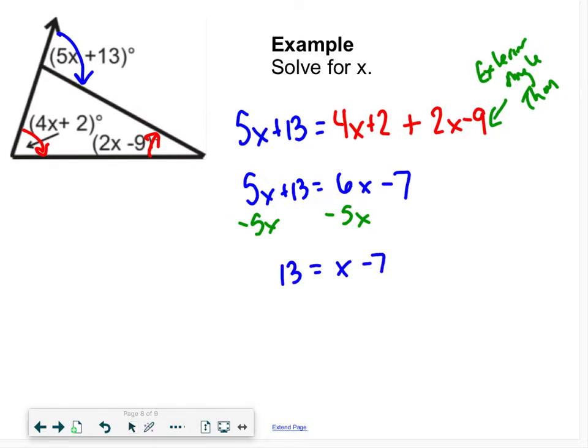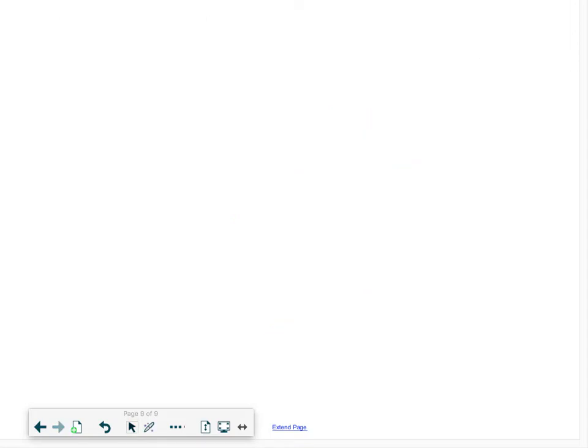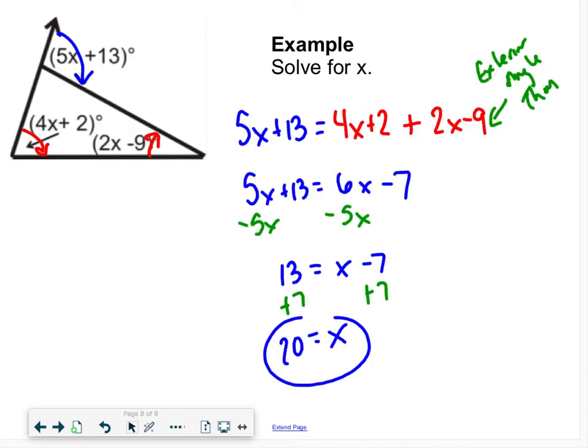And then add 7 to both sides. 20 equals x. Now that doesn't say that the angle is 20, simply that the x value is 20. If I wanted to figure out what those measures were, I would plug 20 back in for x. All right, and that will complete our lesson for today.